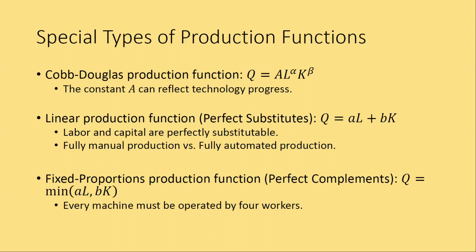Here, the constant A actually makes the difference, because in the production function, we are concerned about the actual quantity that is produced. In the utility function, we were only concerned about the relative ranking of different consumption bundles. And we can imagine that if we multiply our utility function by a positive constant A, then the relative ranking of the different consumption bundles is not going to be different.